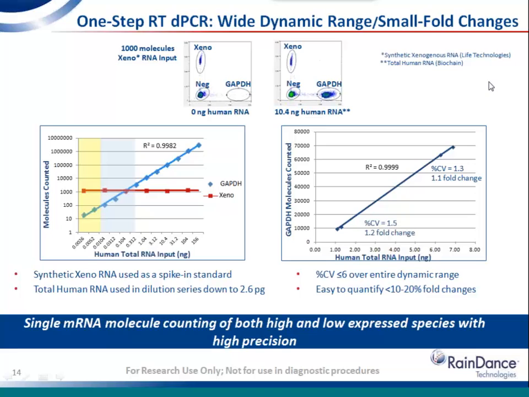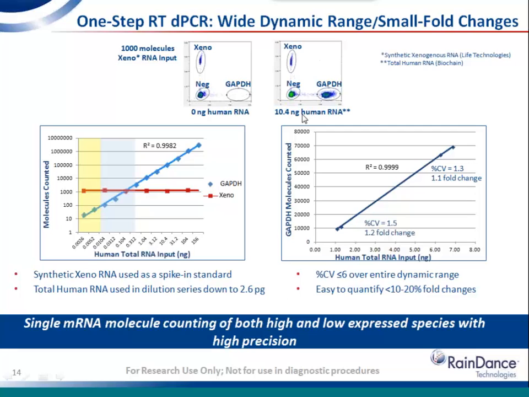And there's an associated TaqMan assay that goes with that. For this demonstration, I picked a gene expression assay for GAPDH, a common housekeeping gene. And what you can see on the left panel is that you can clearly count and detect the Xeno RNA when there is no total RNA added.